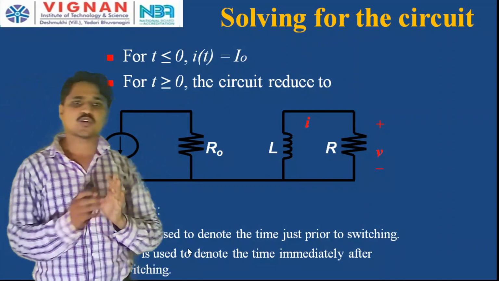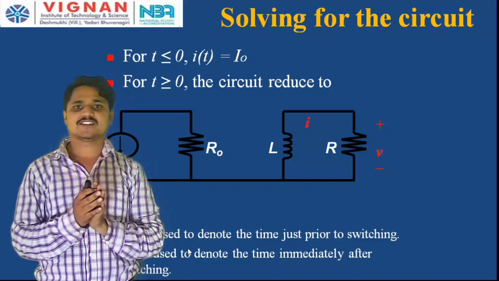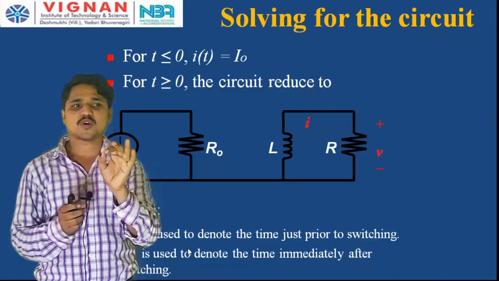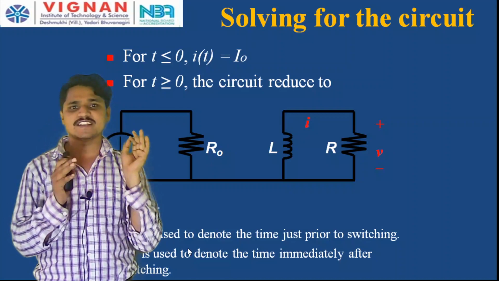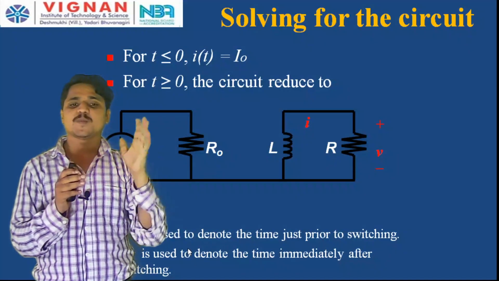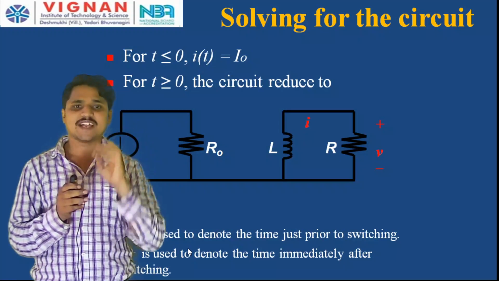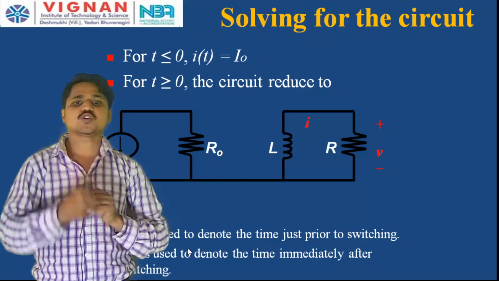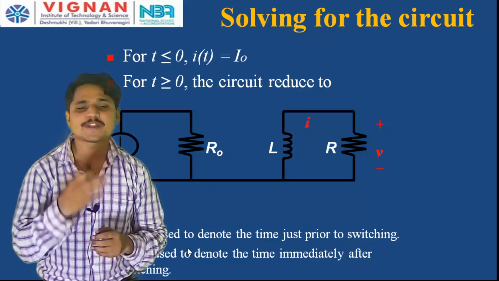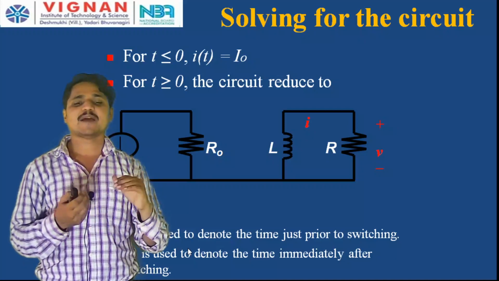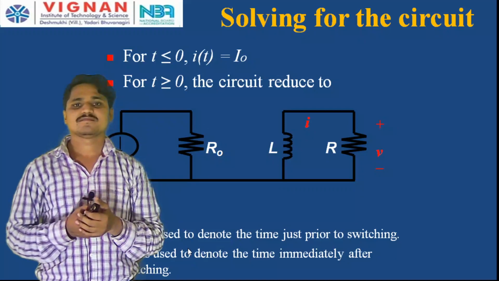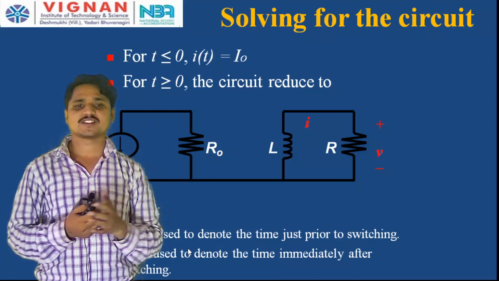Now, you have to understand the switching timing. T equal to 0 means switch opening or closing. In this example problem, at t equal to 0, the switch is opening. So, t equal to 0 minus denotes the time just prior to switching, that is, just before opening the switch.